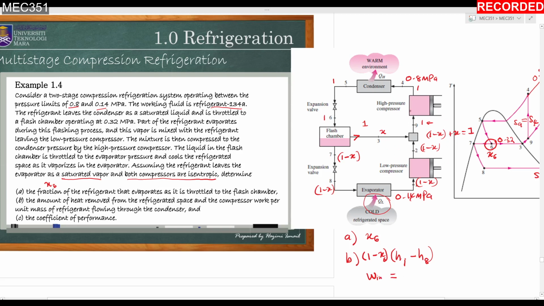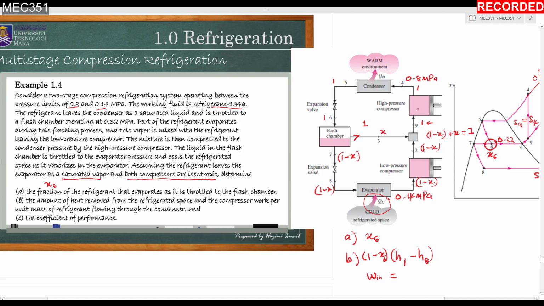Here we have two compressors, so we sum up the high pressure compressor and the low pressure compressor. Okay, it is straightforward.